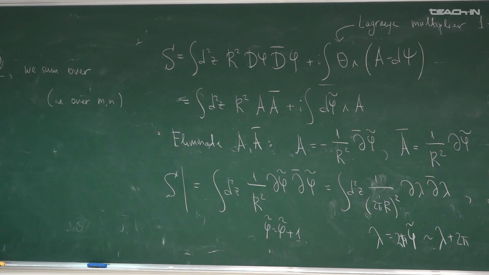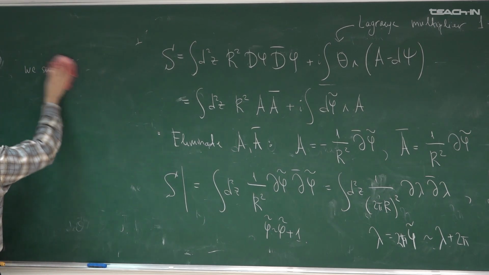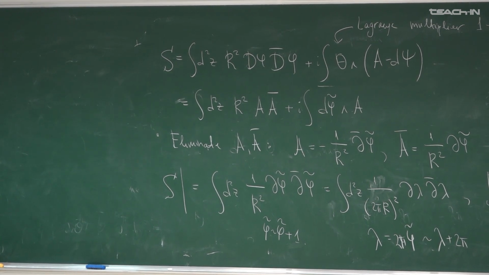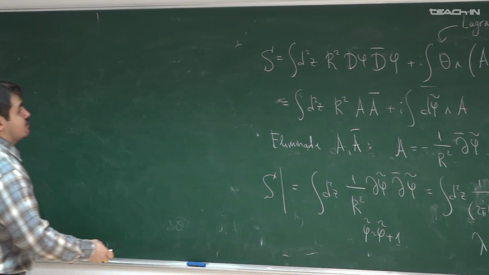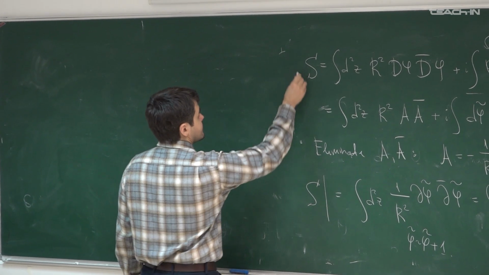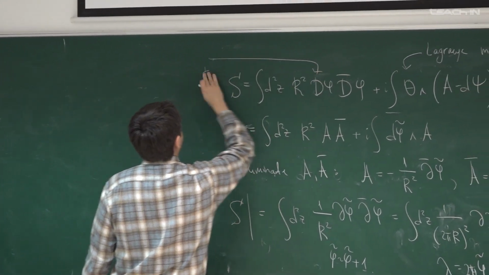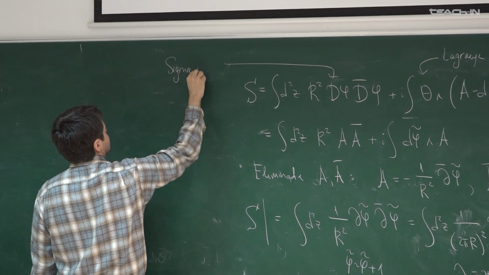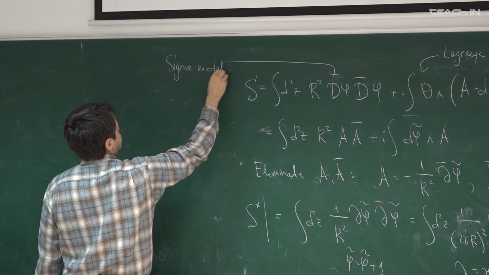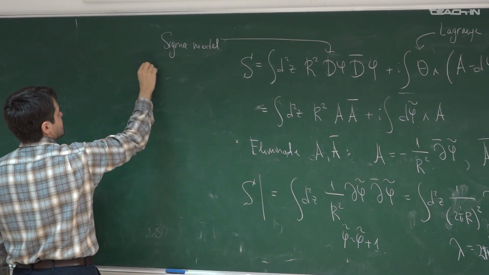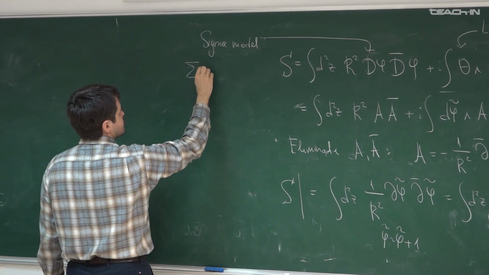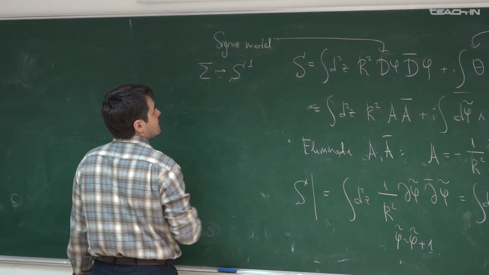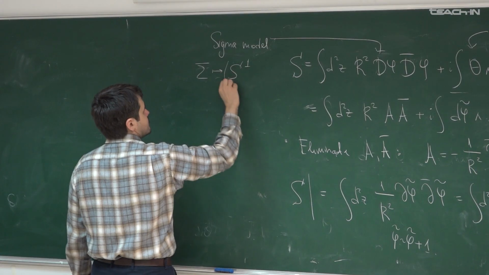So what we've been doing here is describing some elementary sigma model, right? Some field theory related to maps from some worldsheet to target space. In this case, the target space was S1 of radius R.